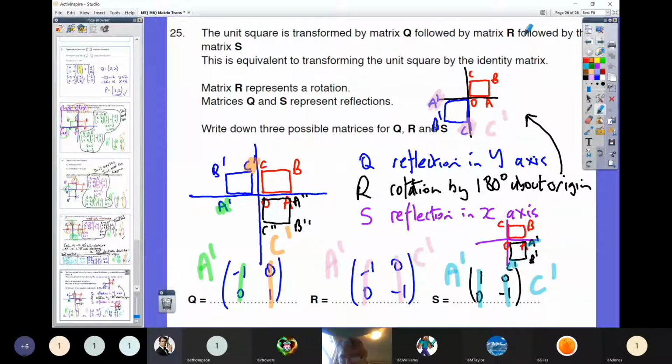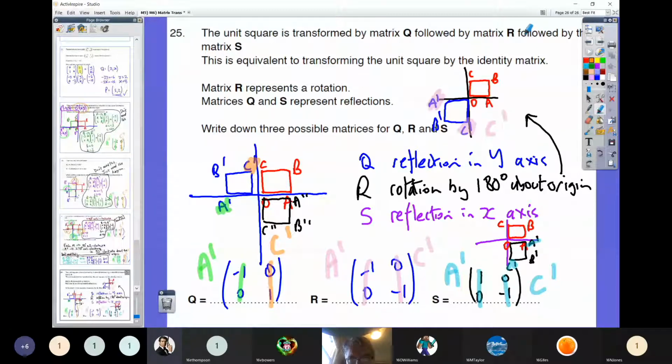So first of all, I did reflection in the y-axis. This is the diagram down on the left. I've taken my unit square, reflecting it in the y-axis gives me the blue one. Rotating by 180 degrees, I'm now at the black one. And then by reflecting in the x-axis, I'm back where I started at the red one.